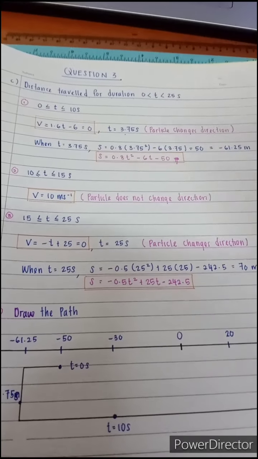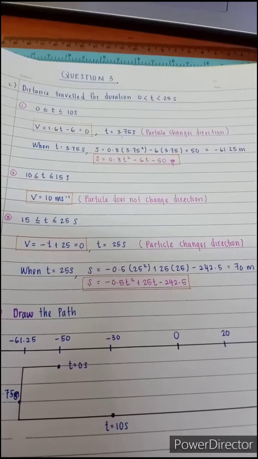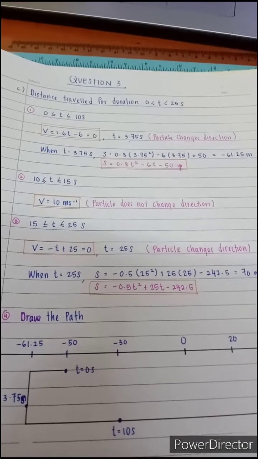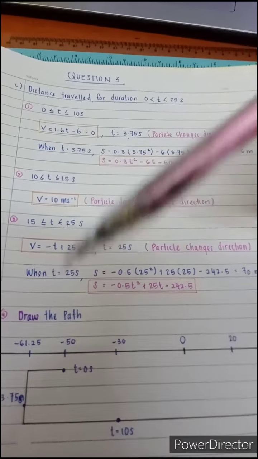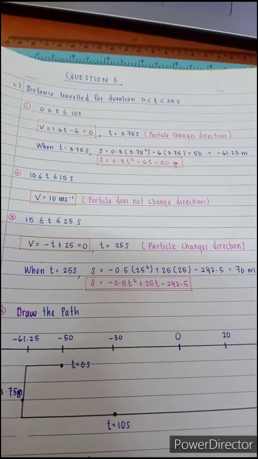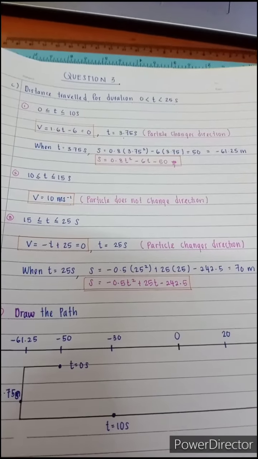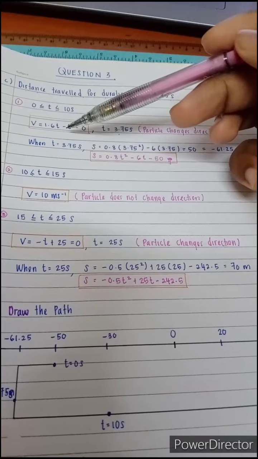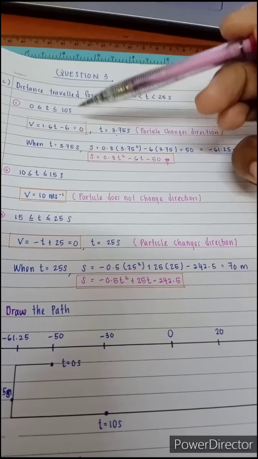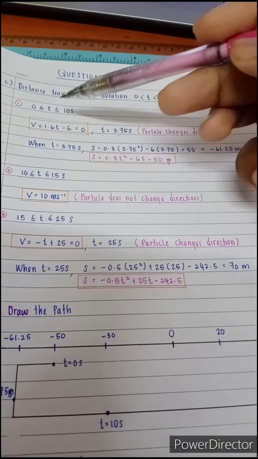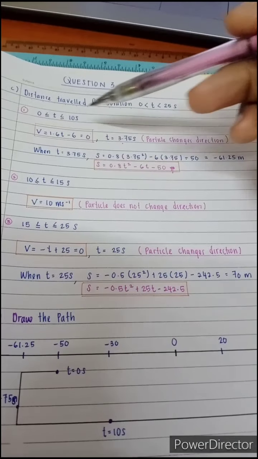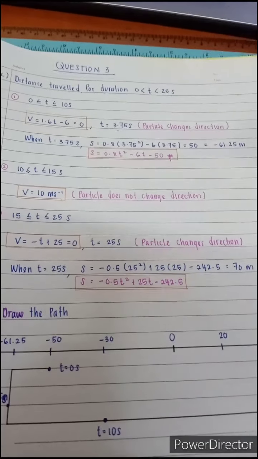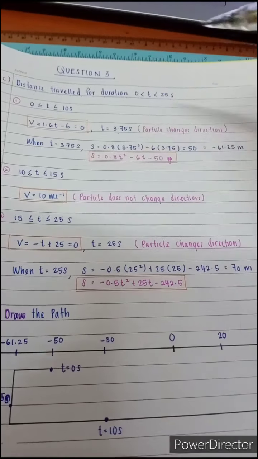To get an accurate distance traveled, you need to use this method. So take v equals 1.6t minus 6 and solve for t. It's very easy: you just solve for t and you will find it is 3.75 seconds.